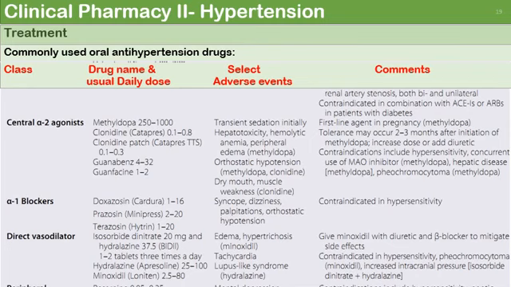They are first-line agents in pregnancy, especially methyldopa. A tolerance problem may occur 2-3 months after initiation and increase the dose requirement. Contraindications: hypersensitivity reaction, use of MAO inhibitors, and especially for methyldopa, hepatic disease and pheochromocytoma.